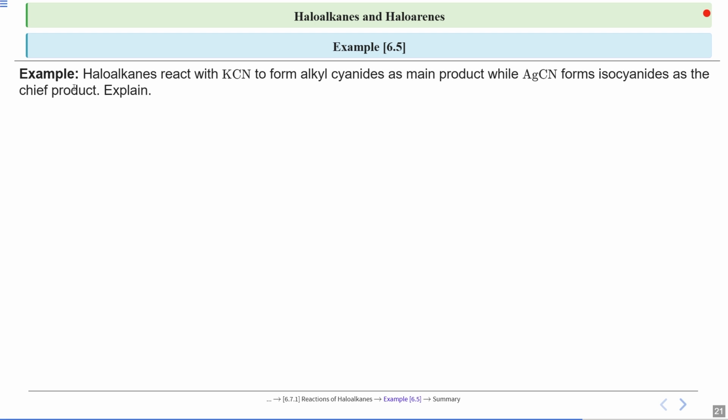So the example is asking that when you react haloalkanes with potassium cyanide, they form alkyl cyanide, but when you use silver cyanide with haloalkanes, they form isocyanides. Why is this happening? You have to explain it. I'm giving you some time. Try to analyze this question, and then we will see the correct explanation.